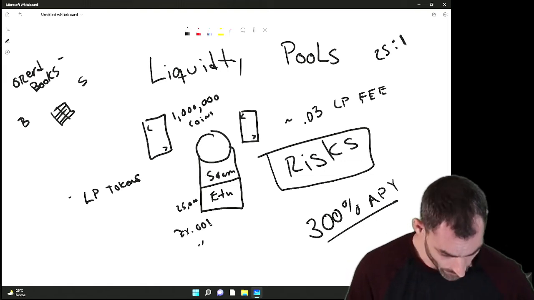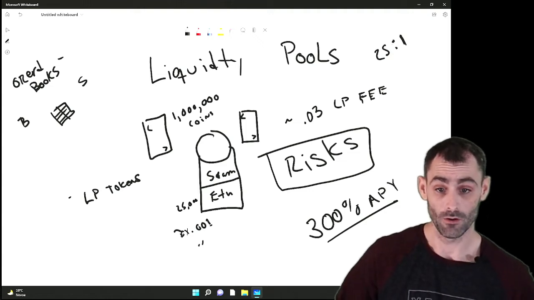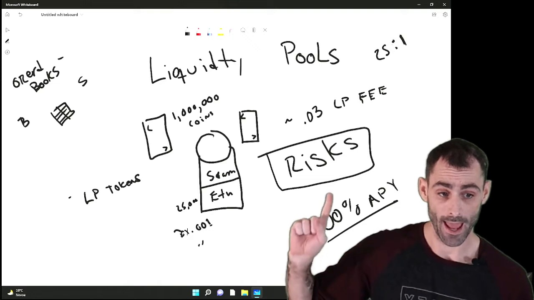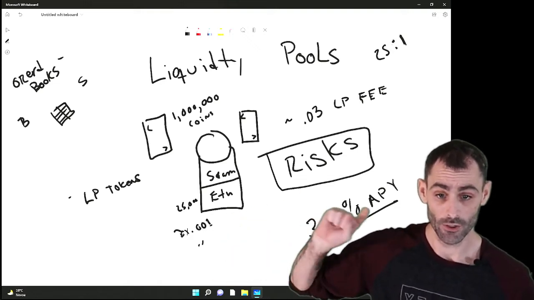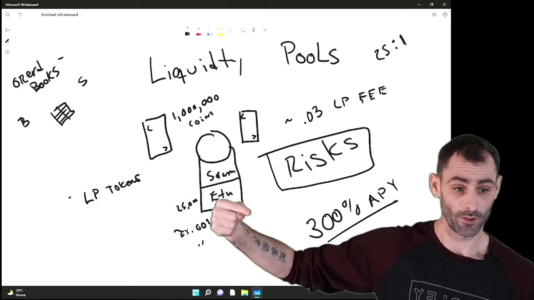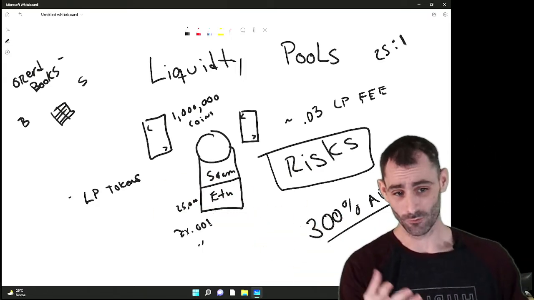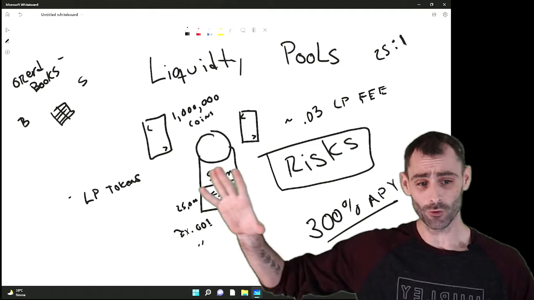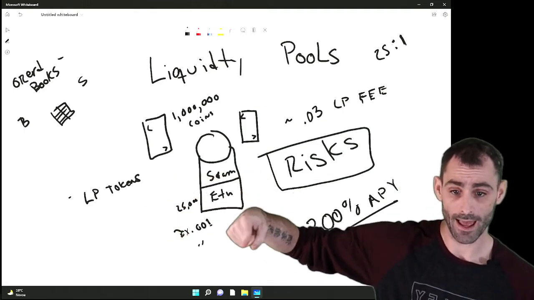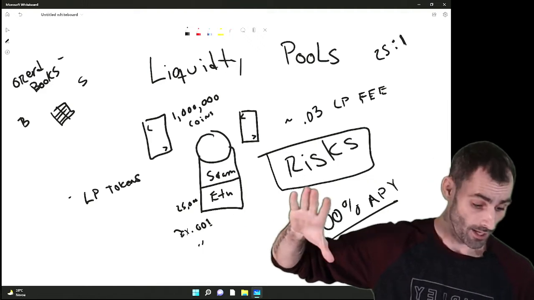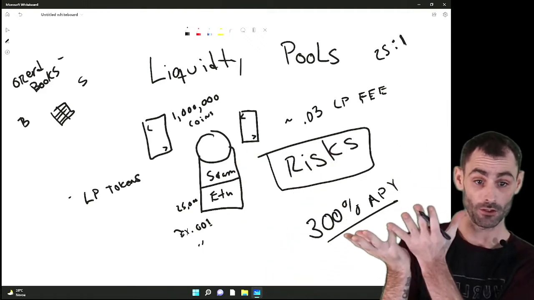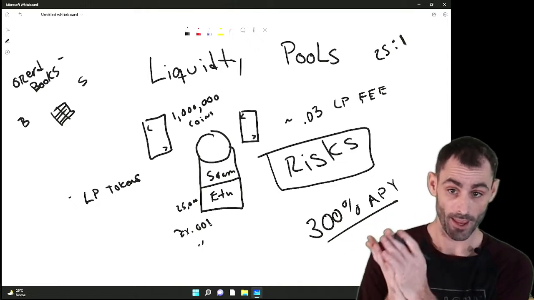To get this 300% APY for providing liquidity, you need to get some Ethereum, and however much Ethereum you want to put in, you need the same amount of Scamcoin. So you first need to buy some Scamcoin, and then you can provide liquidity and get this 300% APY.